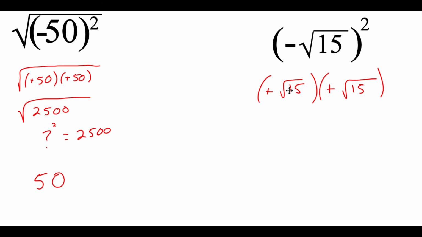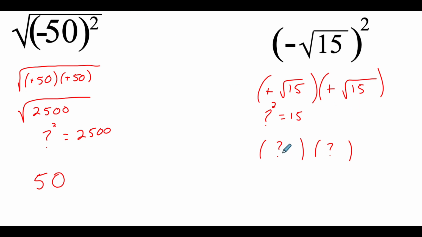So if we look at what's happening with this first square root of 15, that means that we're looking for some number that when we square it, we get 15 as our answer. Now 15 did not show up on the perfect square list, but we can still talk about what's going to happen in here. When we square root this 15, right now we're going to get some unknown number as our answer. And when we square root this 15, we're going to get that exact same unknown number as our answer.